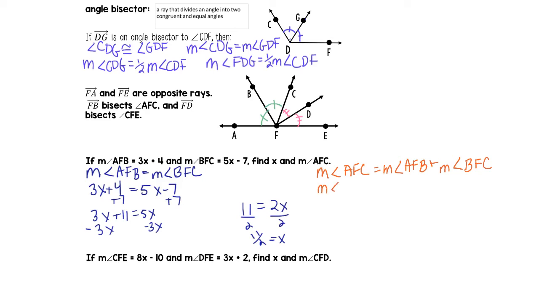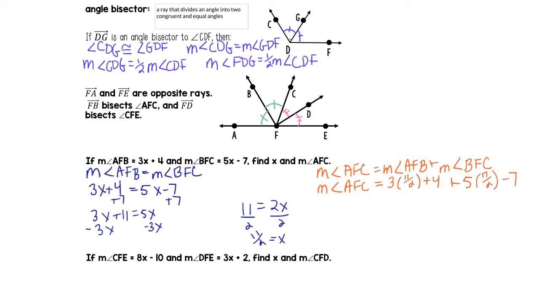So the measure of angle AFC is equal to AFB, which is 3x plus 4, so we get 3 times 11 over 2 plus 4, plus 5 times 11 over 2 minus 7.